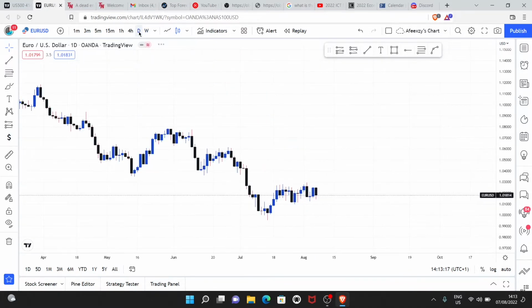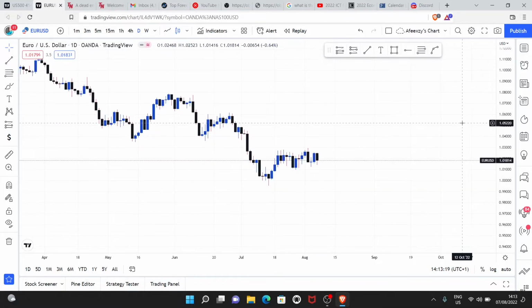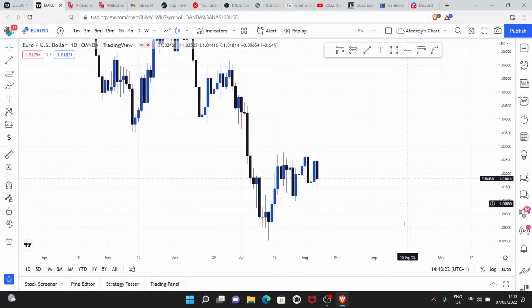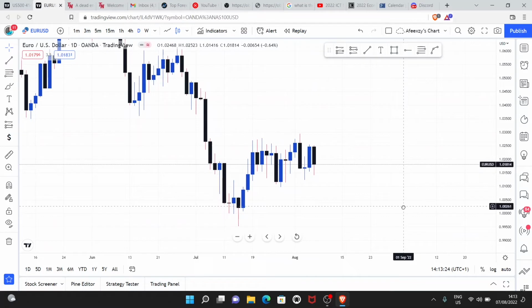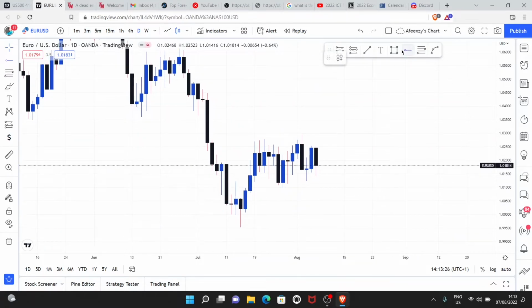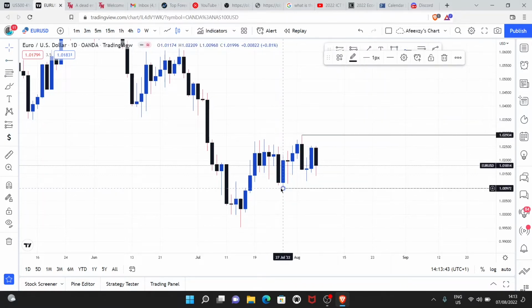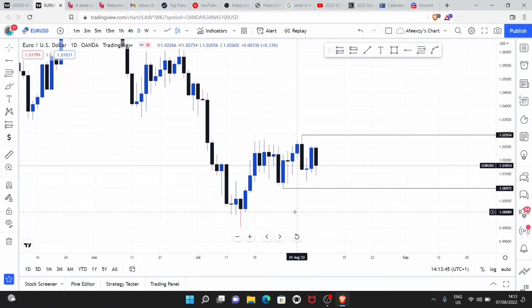On our daily time frame, we can see this place as a potential liquidity zone, buy side liquidity, and here as a potential sell side liquidity zone on our daily time frame.